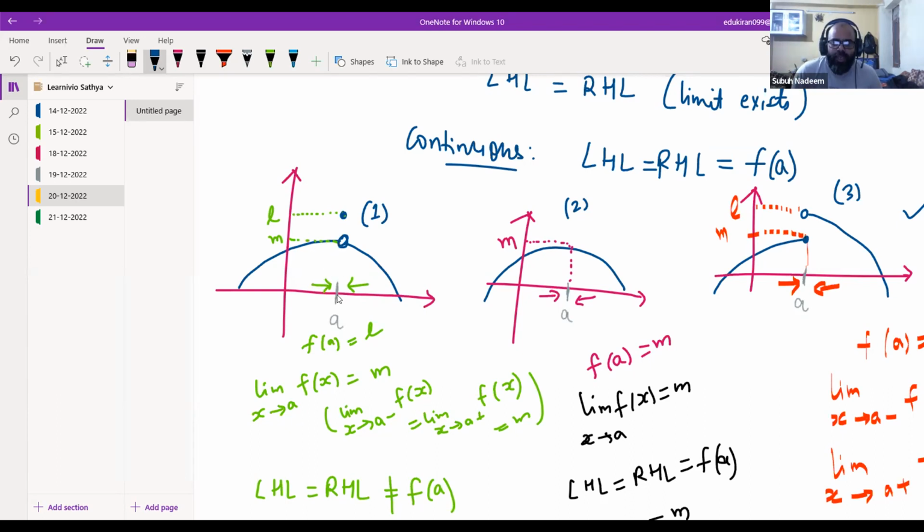Before reaching A, the prediction was that it will become M at A. Similarly, if you are moving from the right towards A, the prediction is that if you reach A, you will land at M. But actually it is not landing at M. This is giving you left and right M, but at A, it is giving you L. Clear? Yes, sir.